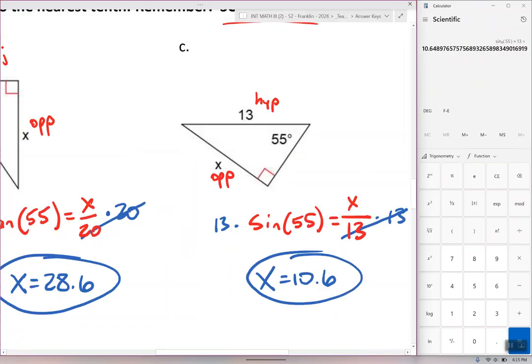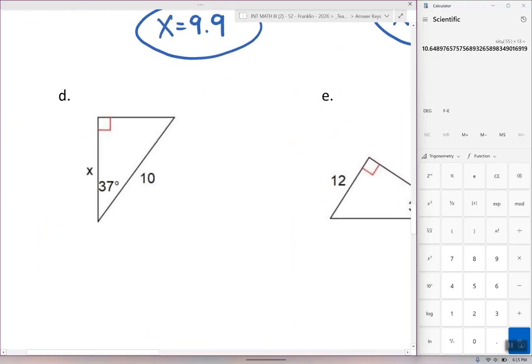Okay, we'll do 3 more. 37-degree angle, and it's my adjacent side and the hypotenuse. That'd be a cosine. So CAH, cosine of 37 equals the adjacent side over the hypotenuse, so x over 10.